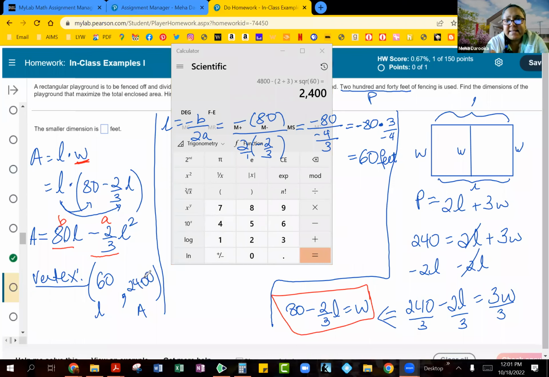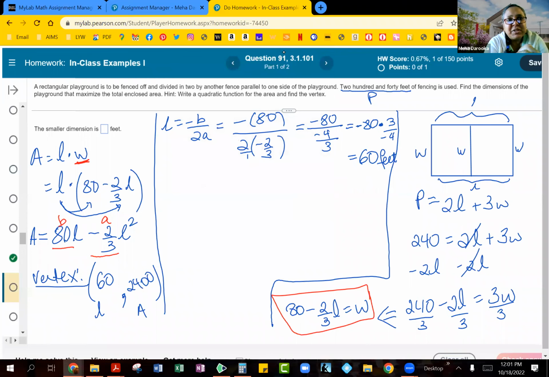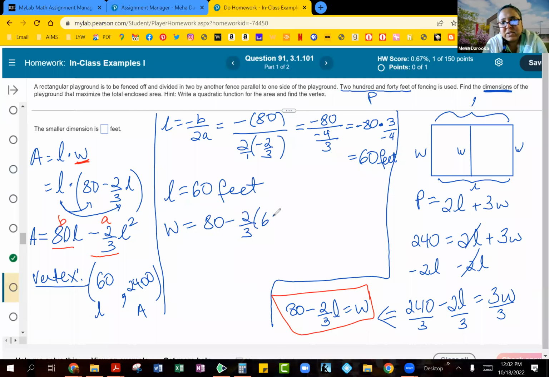But just like the example in our handout, they're actually asking you for the dimensions and not for what the maximum area is. So we already know our length is going to be 60 feet from here. And then we just have to calculate our width. And for the width, you can obviously do the 80 minus 2/3 L. And in that case, your L is 60.